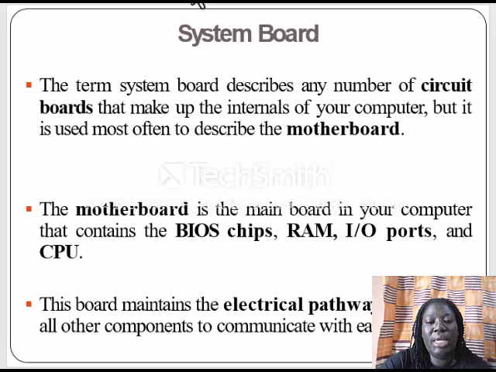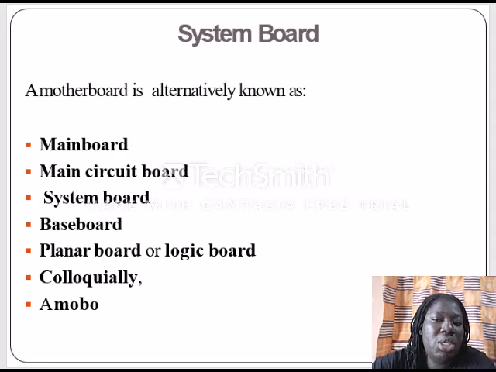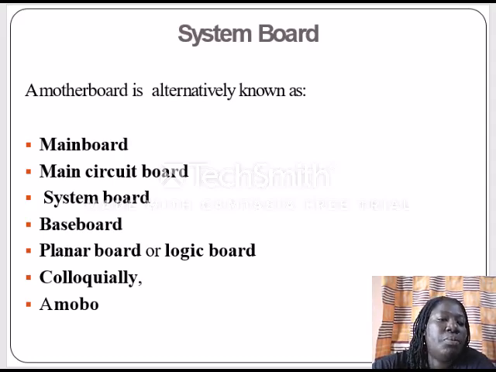This board contains the electrical parts that enable all other components to communicate with each other. The motherboard is alternatively known as the main board, main circuit board, the system board, the baseboard, the planar board or logic board. Colloquially, we can say it is a mobo.